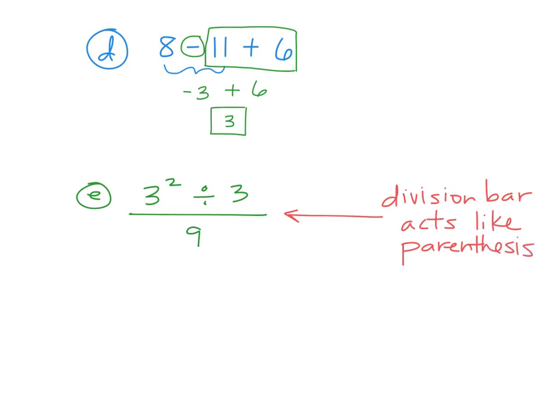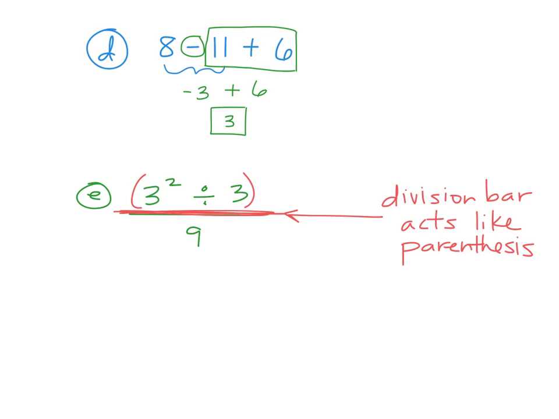Okay, so in other words, what that division bar is doing is basically putting parentheses around your top and your bottom. So you'll always do whatever's on top, simplify that, whatever's on bottom, simplify that, and then you can divide them. Okay, so just be really careful with the division bar. So what would you do first in this problem?